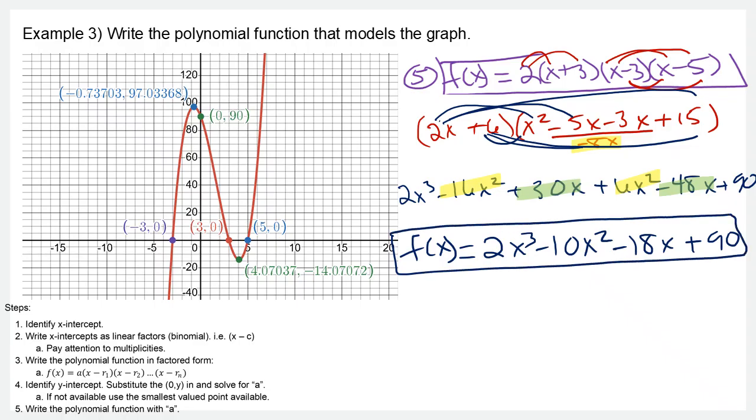And that would be our standard, general form. Okay? A little bit of multiplication goes a long way. All right? Again, if you're a box method person, you can use the box method.